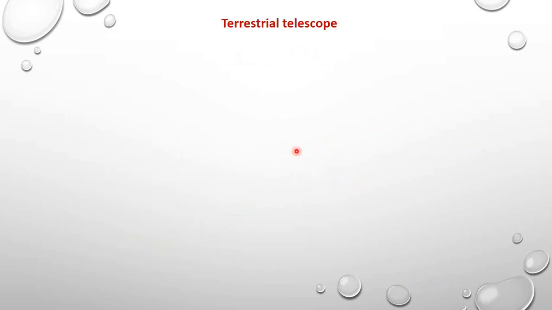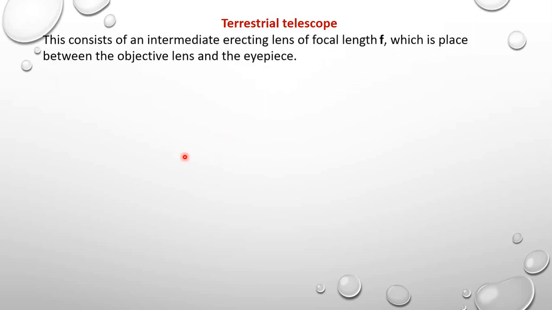So a terrestrial telescope is also a refracting telescope, which is got by modifying an astronomical refracting telescope. It consists of an intermediate erecting lens of focal length f, which is placed between the objective and the eyepiece. So we place an erecting lens between the objective and the eyepiece of the astronomical telescope.